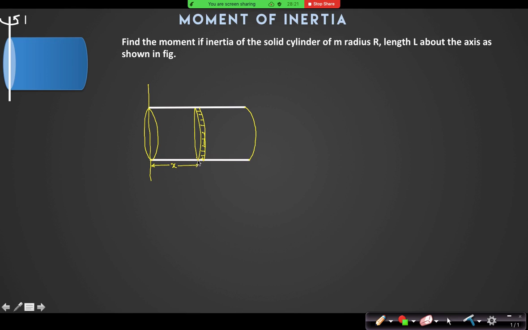The disk has a thickness of dx. I will first find the moment of inertia of this disk about its own axis, then shift it using the parallel axis theorem, then integrate.